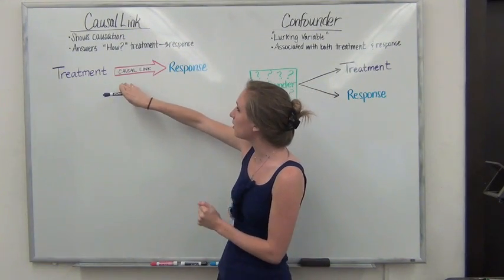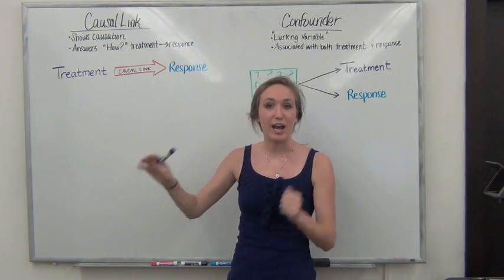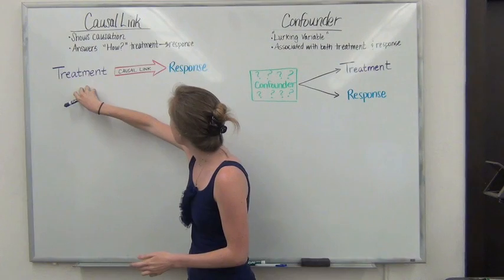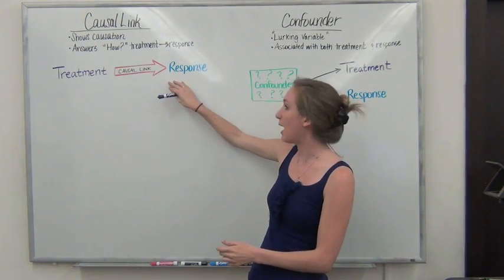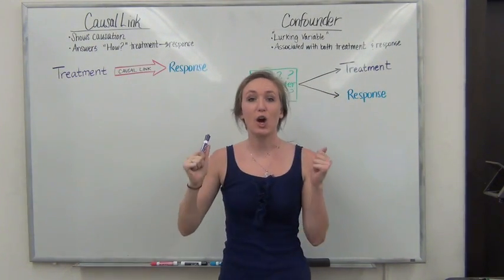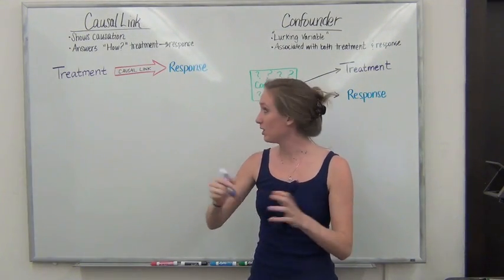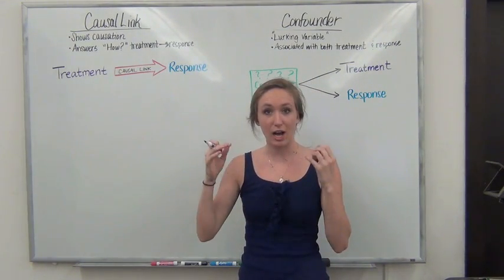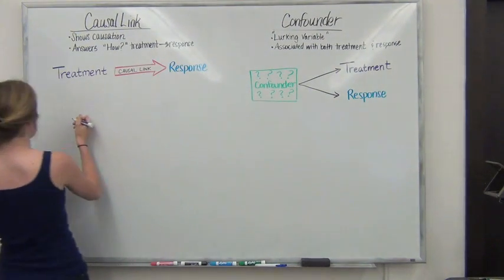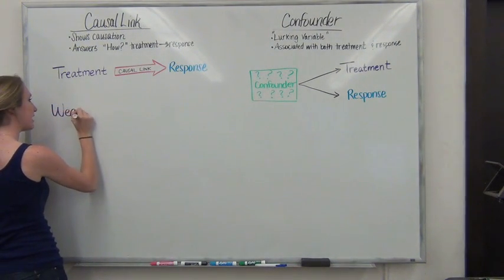So this causal link answers the question, how? How would the treatment lead to this response? And it shows causation. That's why we call it a causal link. So in this example, dentures are our treatment, wearing dentures.